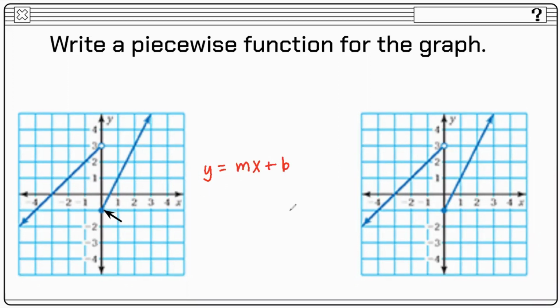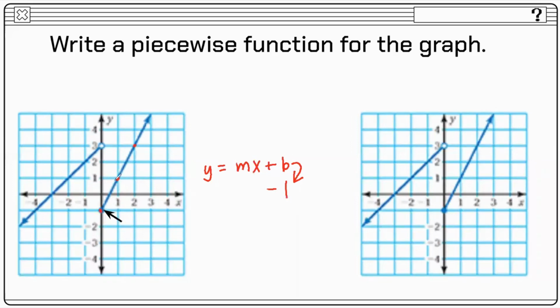So our y-intercept is at -1, so I'll replace b with -1. And for your slope, you can go ahead and count the rise over run between the 2 solid points. So I see a solid point right here, another solid point right here, and then of course we have our solid point at our y-intercept.